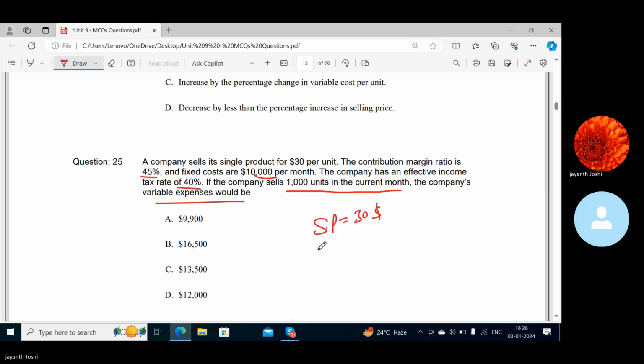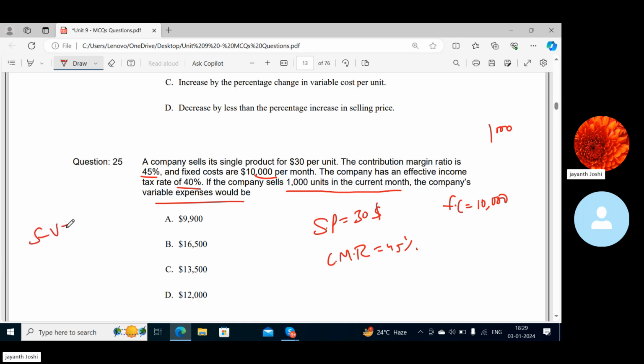Contribution margin ratio is 45%. Fixed cost $10,000. Income tax rate 40%. They are selling 1,000 units. What is the variable expense?